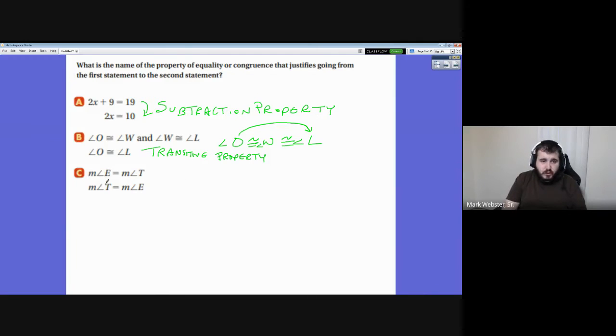Now this last one, look at what's happening. Measure of angle E, measure of angle T, and then from here to here, all I'm doing is flipping it around, right? It's going from E first and T second to T first and E second. So when we flip like this, this is the symmetric property. Because there's symmetry, right?